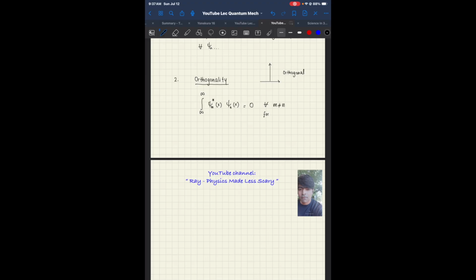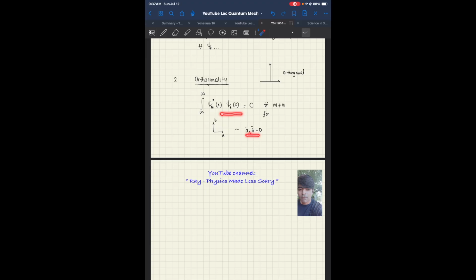If you have a vector a in this direction and a vector b, for example, in this direction, which is orthogonal, then you know that a dot b is 0, right? This is just the functional analysis version of the same equation.